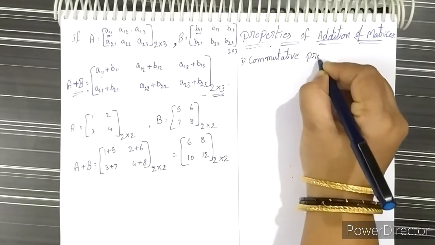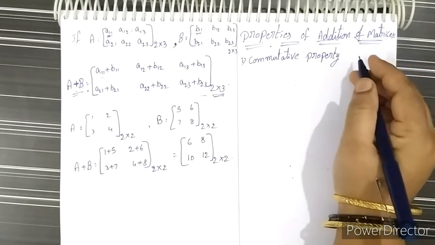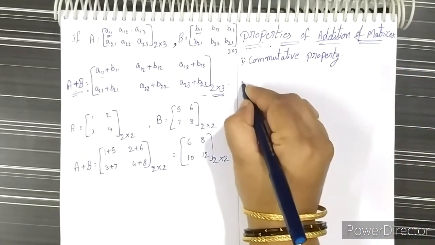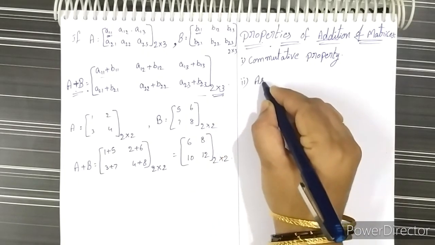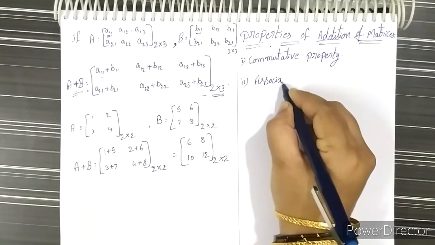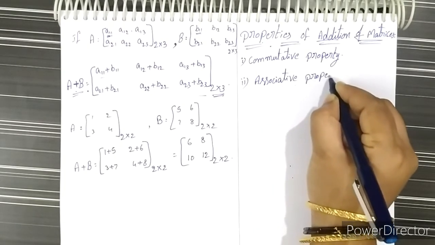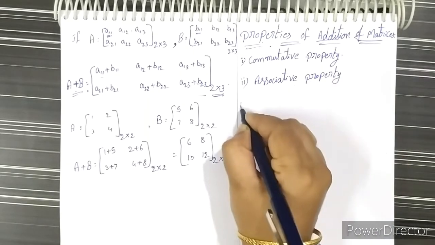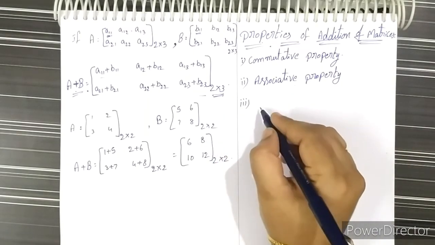These properties we also discussed in previous classes. Second one is associative property. Third one is identity property.